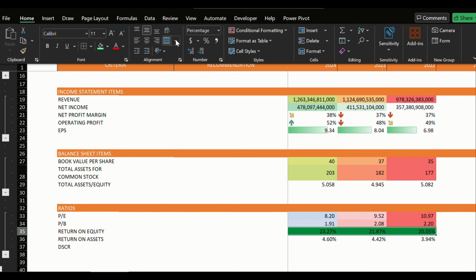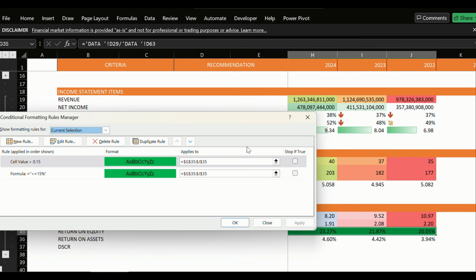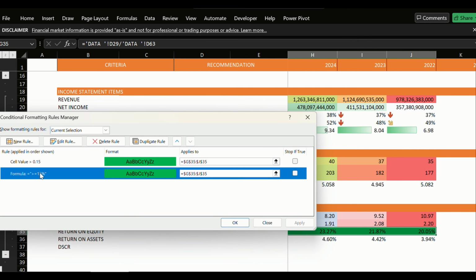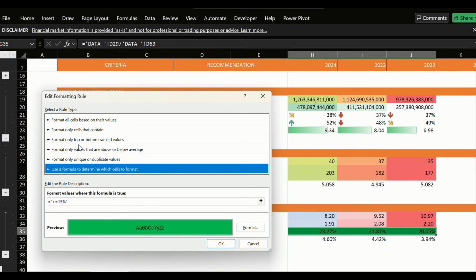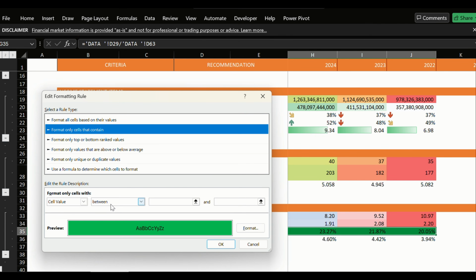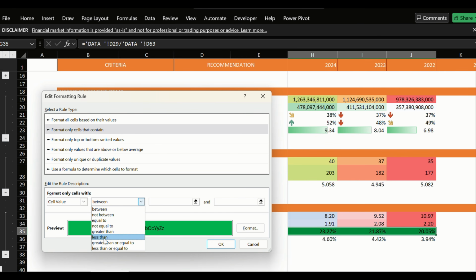Go back and refresh the other one. The other one has to be, let me edit it, 15%.